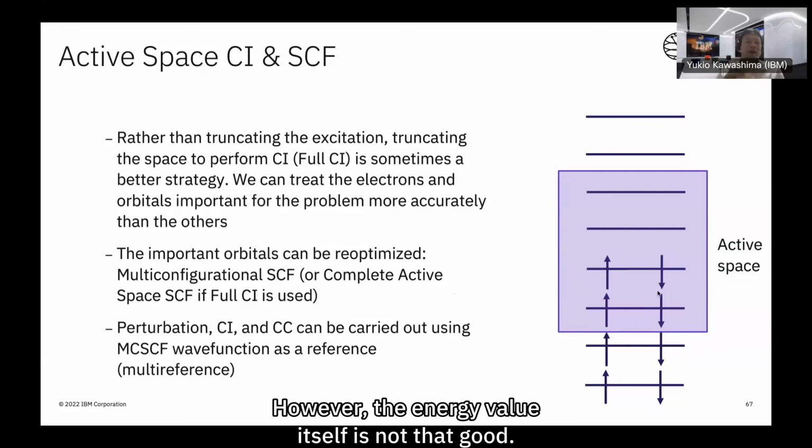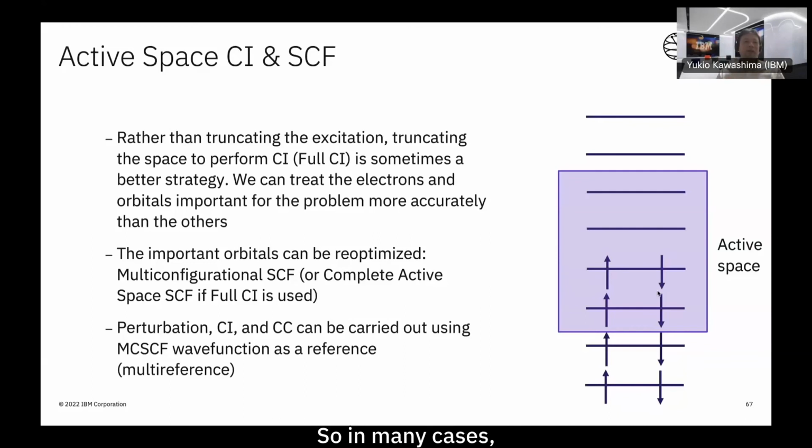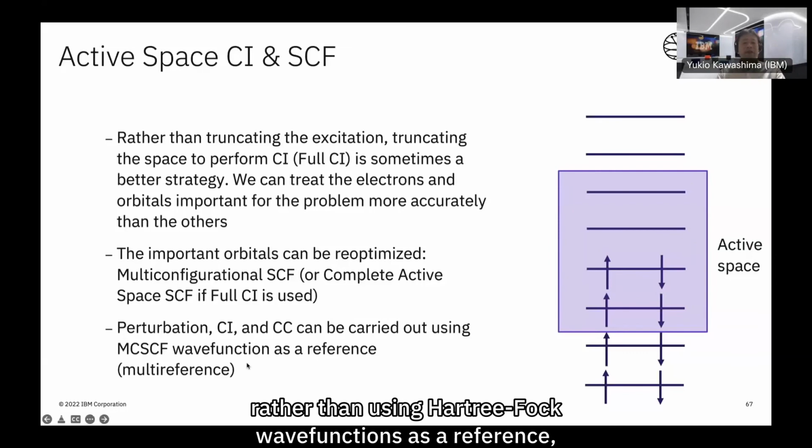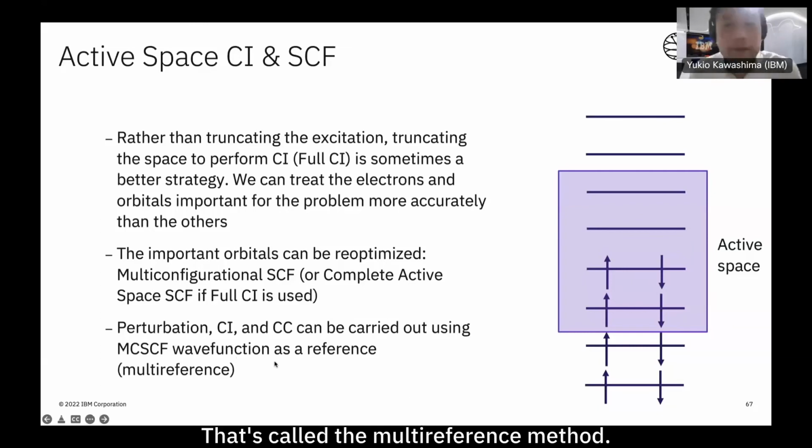However, the energy value itself is not that good. So in many cases, people do either perturbation or CI or CC on top of that. Rather than using Hartree-Fock wave functions as a reference, they use MCSCF or CAS-SCF wave functions as a reference. That's called a multi-reference method.